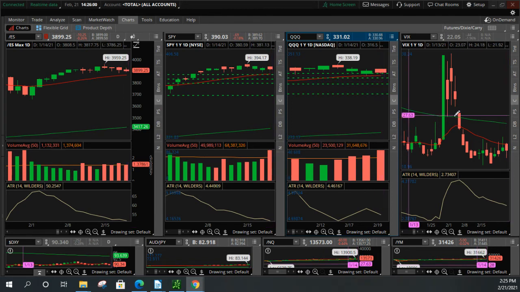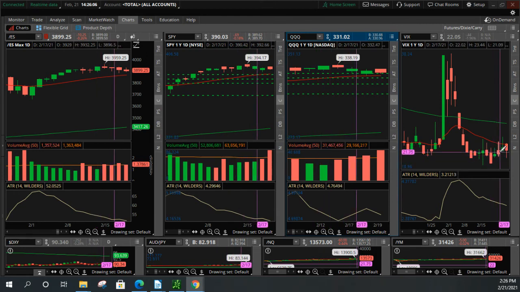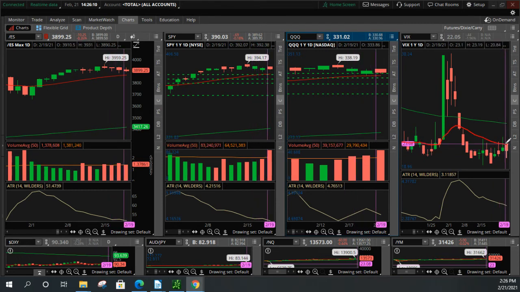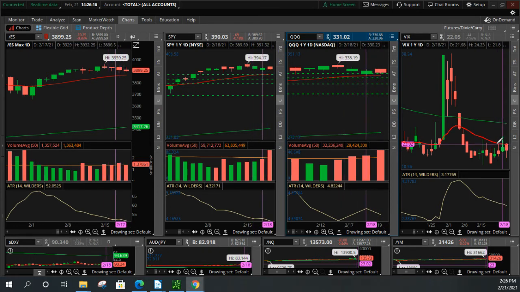And then you can see here on the VIX, see how the VIX based right here on the 12th, and now it's starting to move back up, and it's below the 21-day now, and you can see that 21-day hasn't really started flattening out yet. It's starting to curve, but not really.